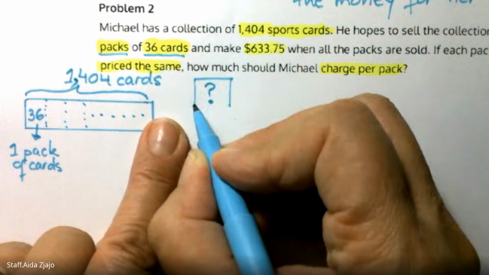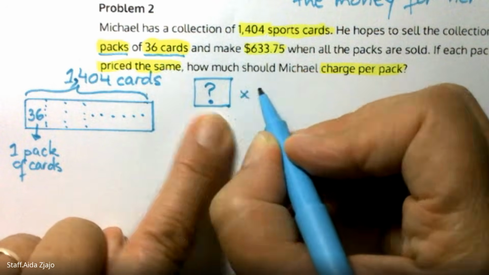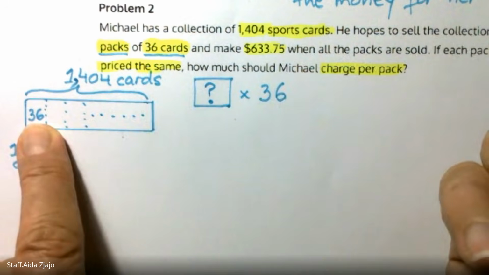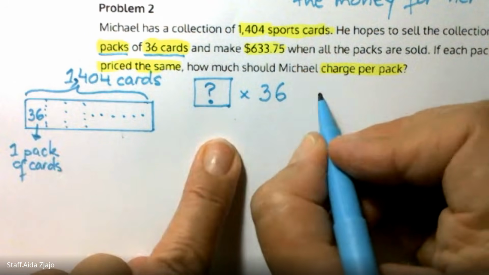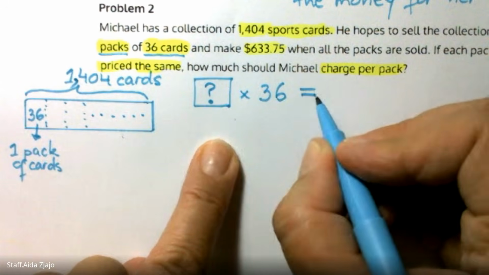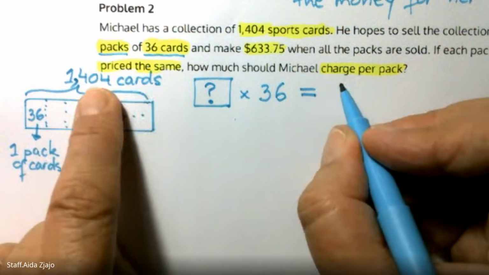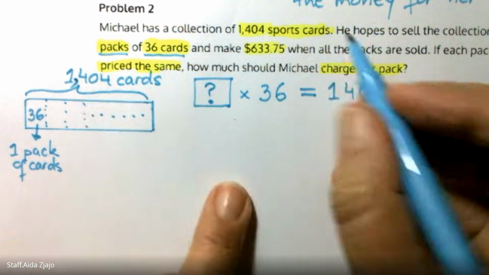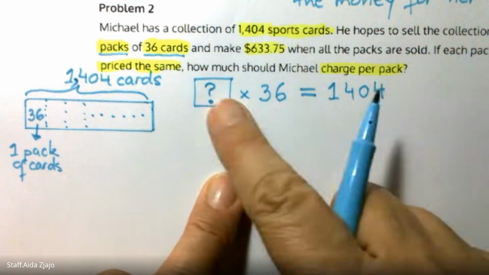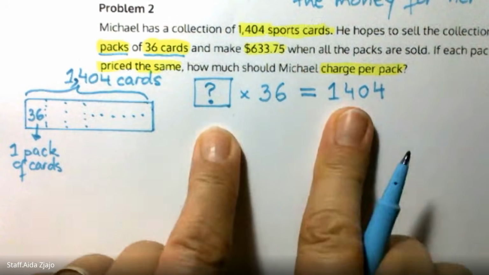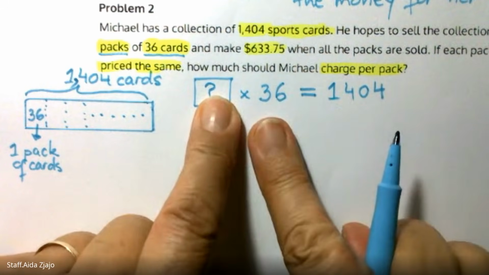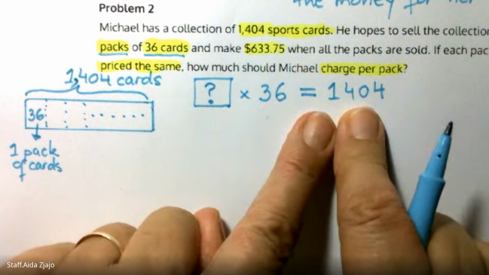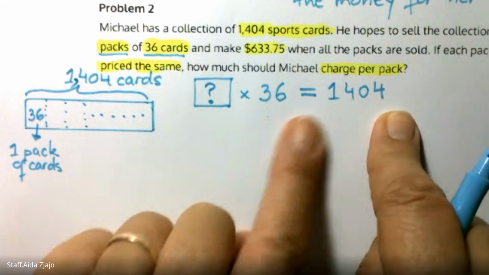So that's question mark times 36, because I know the size of a group is going to be 36, and that must equal 1,404 total cards. So now we know this equation means some number of groups times 36 must equal 1,404.